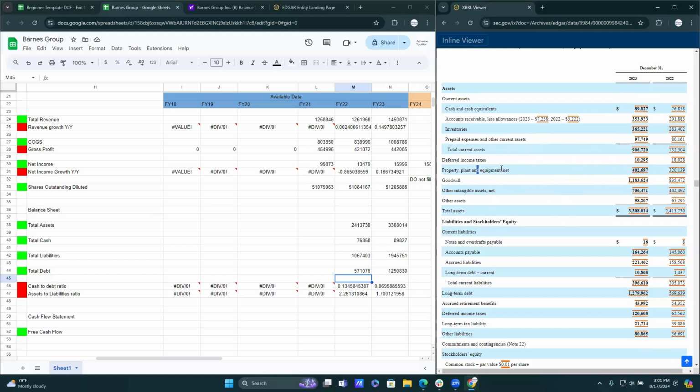So property, plant, equipment: anything that can be used to make your goods, any buildings, stuff like that, even a computer. Goodwill. Goodwill is a name brand, your trademarks, your patents, anything that allows your company to substantiate itself and hold its position in the market.